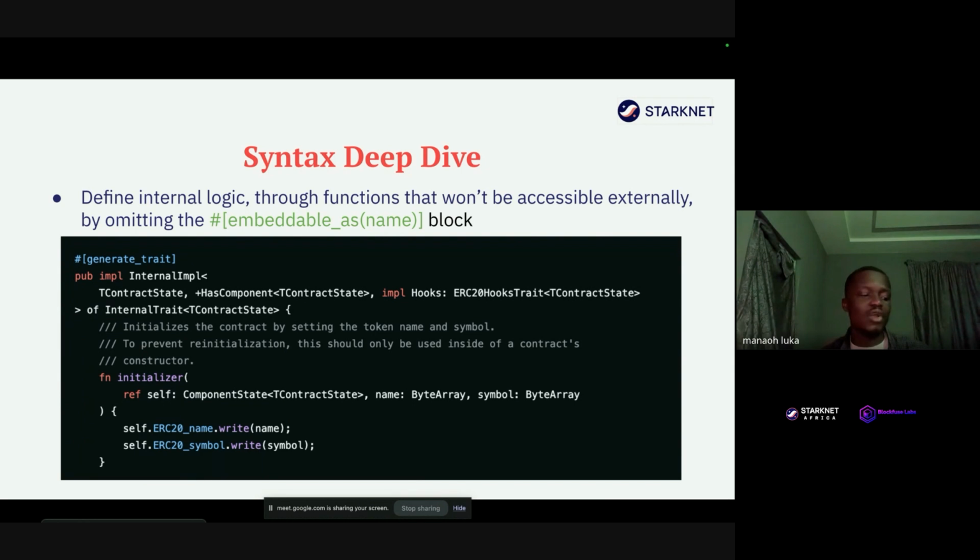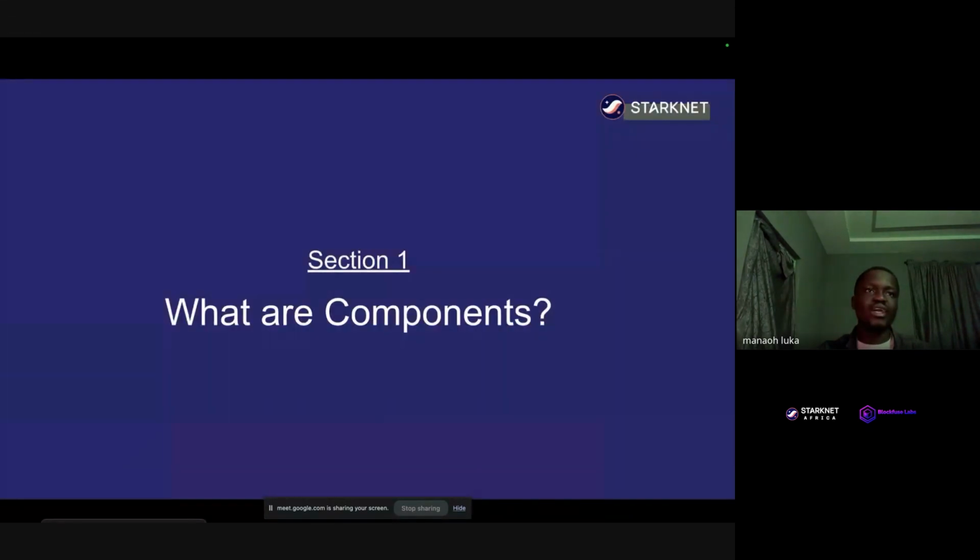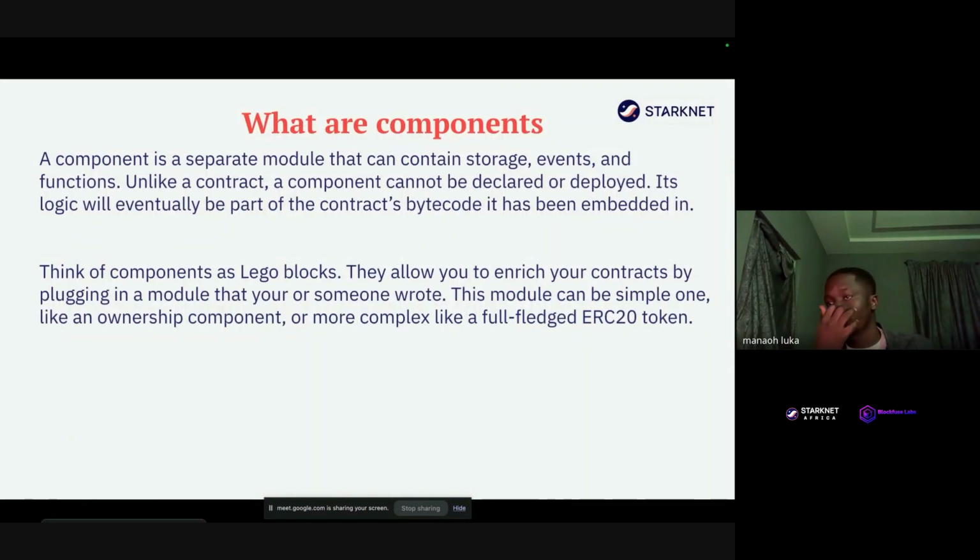But before we proceed to the next stage, let me take your questions. If there's any confusion so far about components, I am very much available to explain again before we head over to the technical parts. So let's take questions. If there's none, just give me your emojis and I'll proceed. I'm sure that everyone is okay.